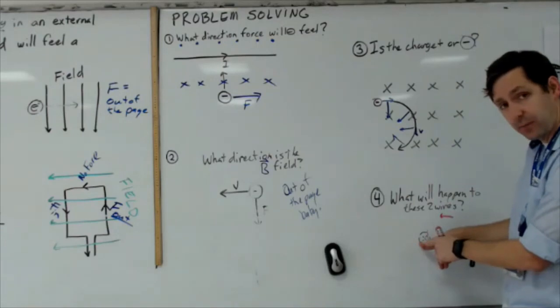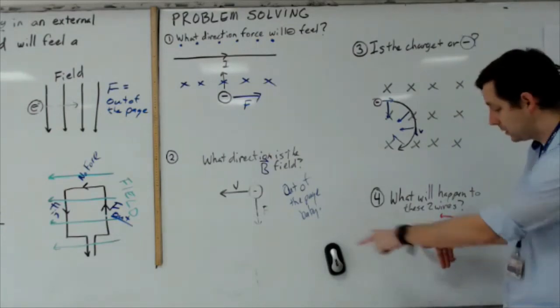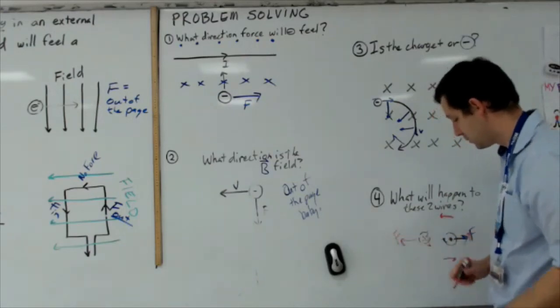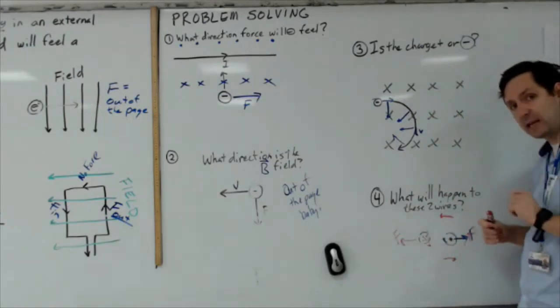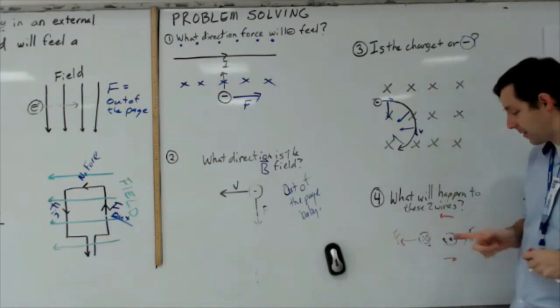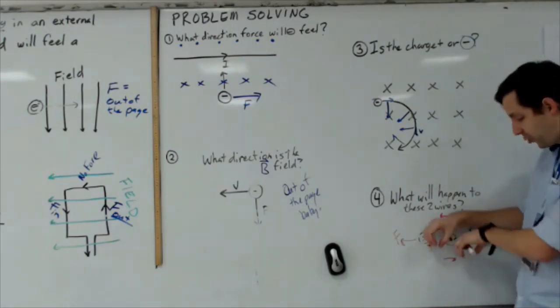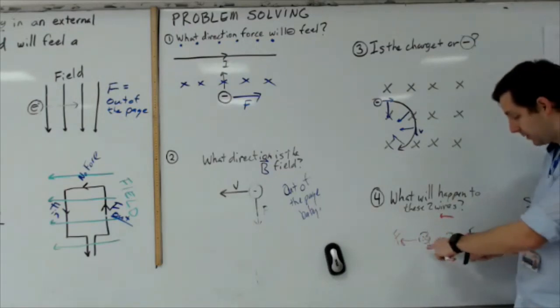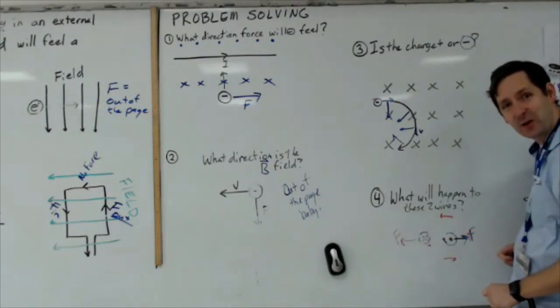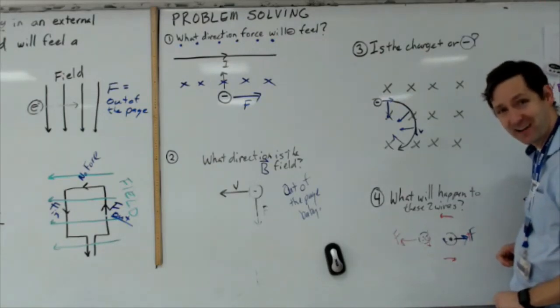And what direction do you see the thumb? Thumb is pointing to the left. So what we're seeing here is that if the current is going opposite directions, this one coming out of the page, that one going into the page, with two parallel wires, they're going to be repulsed. They're going to push away from each other.